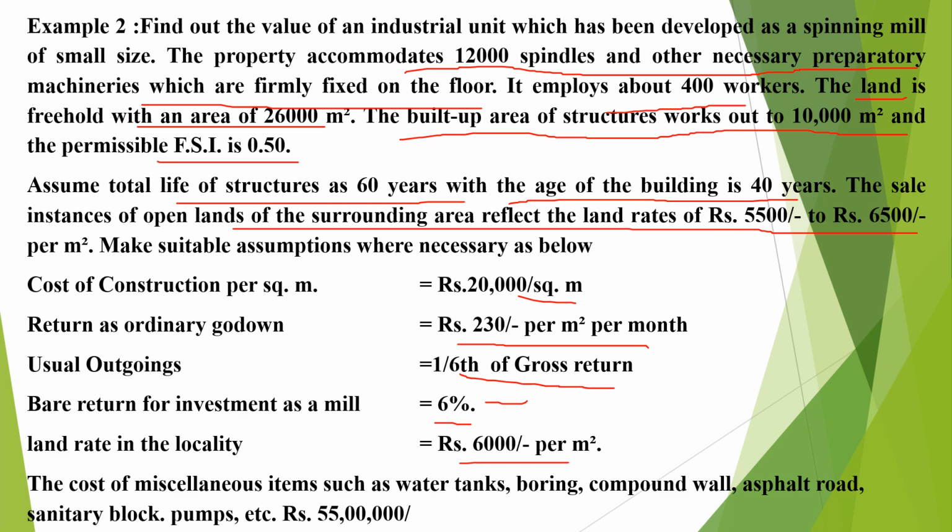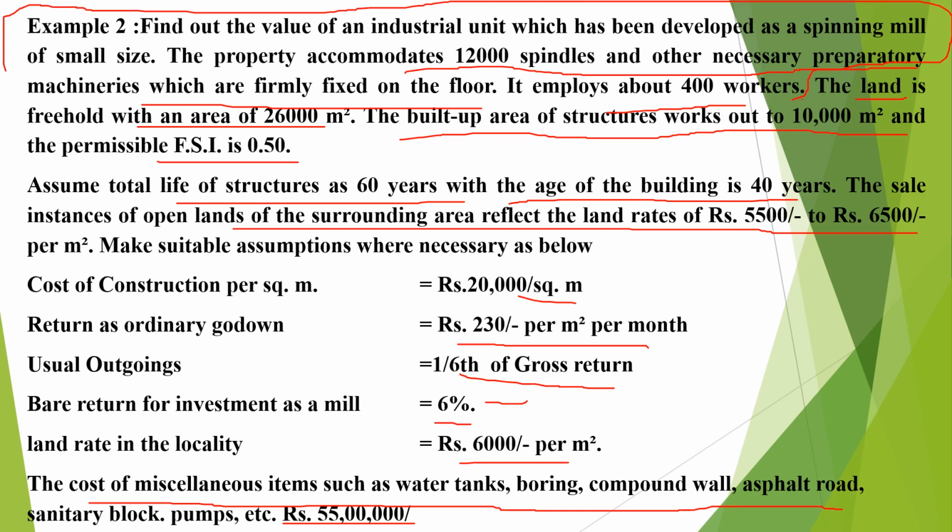And another thing is given, the cost of miscellaneous items such as water tanks, boring, compound wall, asphalt road, sanitary block, pumps, etc. is 25 lakh. See here, you have to do the valuation of this property. You have nothing to do with these things which are given. This is just for reference.